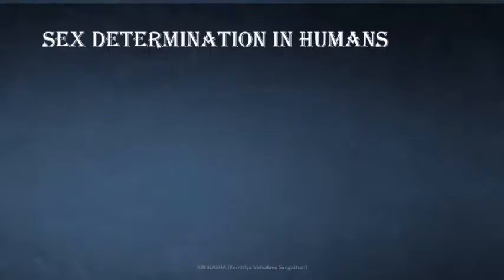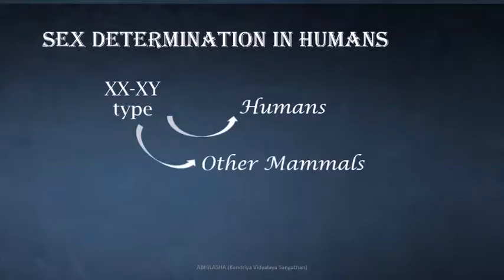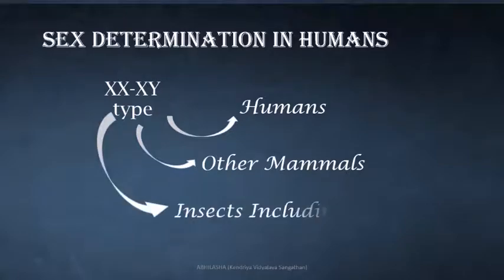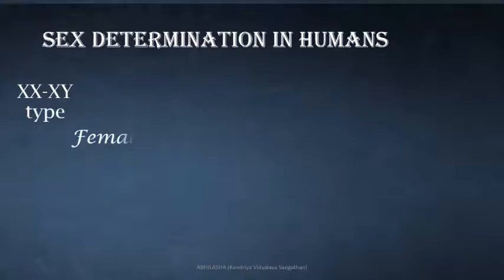In man and other mammals, XX-XY type of sex determination is seen. Interestingly, in some insects such as Drosophila, the same type of sex determination is seen. You already know about this type of sex determination. Here, both male and female have the same number of chromosomes.